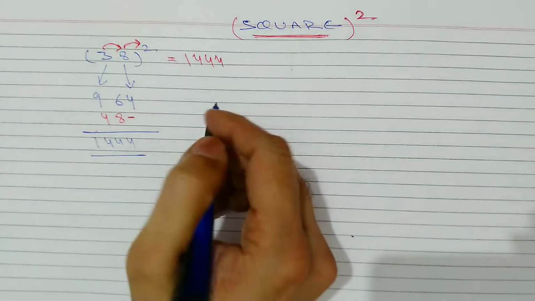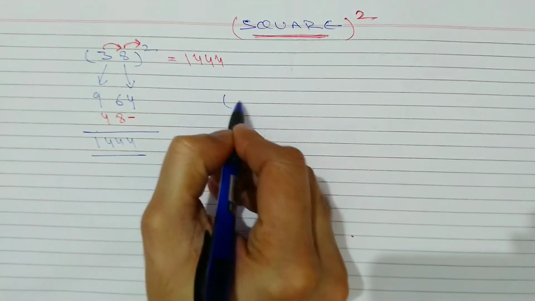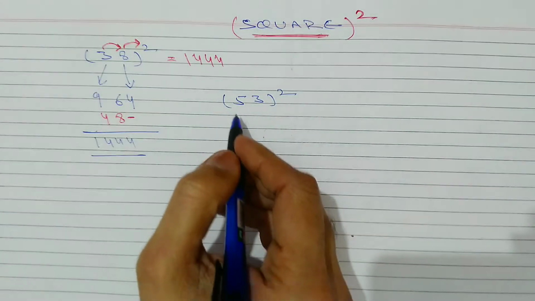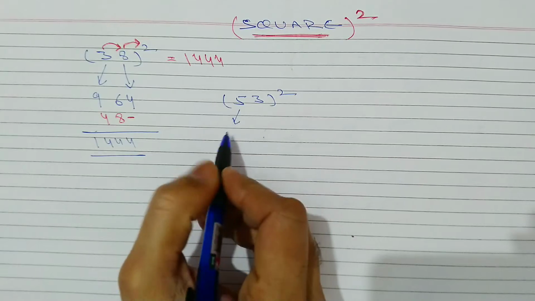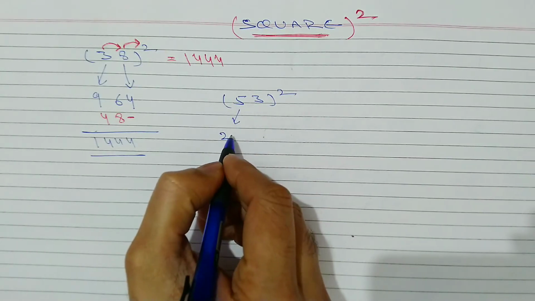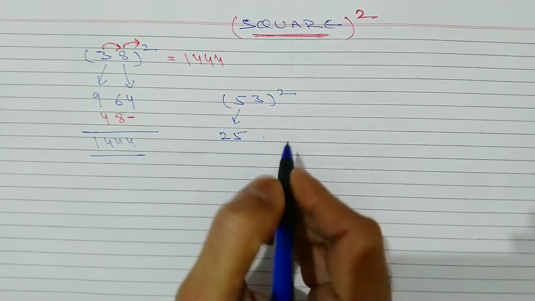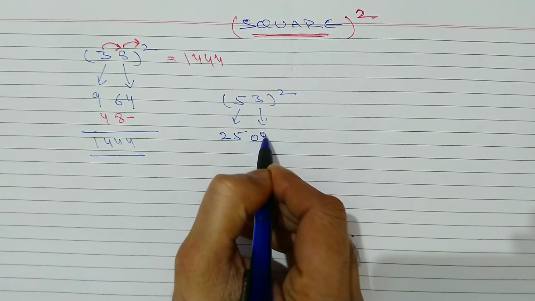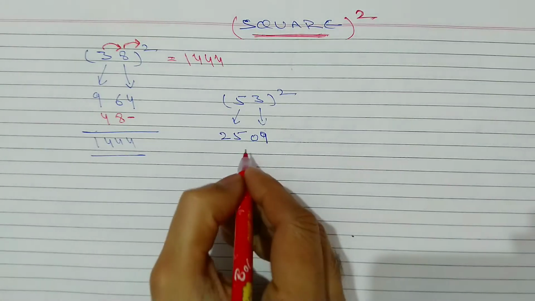Let's do one more example. Find the square of 53. The square of 5 is 5 into 5, 25, and the square of 3 is 09. Always write two digits over here.